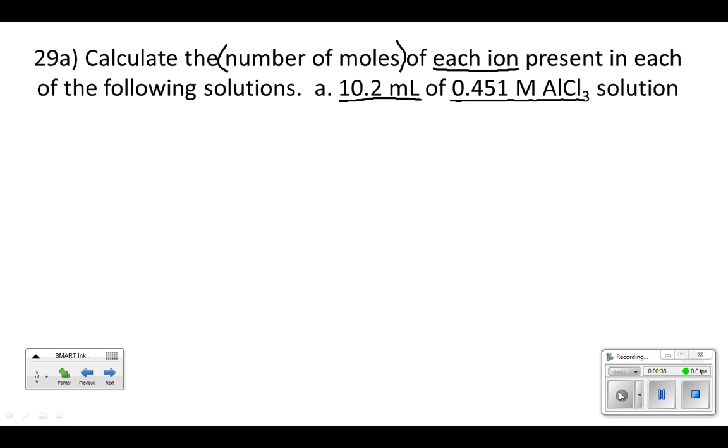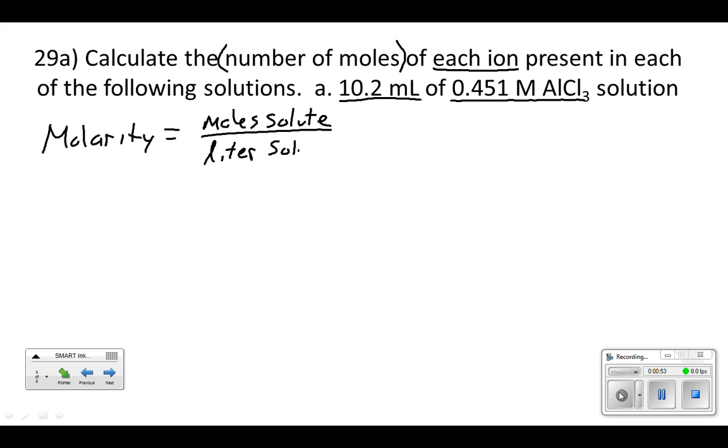Let's start with the definition of molarity. And molarity is moles of solute per liter solution. And in this problem, if we look back there, you can see we have a molarity, and we have a volume.